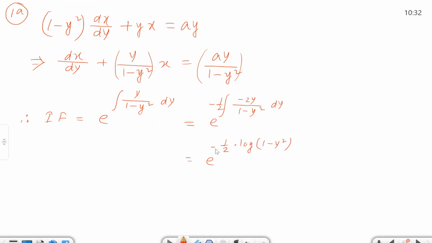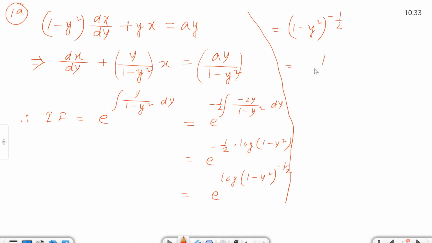Okay, then take the minus half to the power. We can write this as e to the power log of 1 minus y square whole to the power minus half. So e to the power log is removed, and this is equal to simply 1 minus y square whole to the power minus half.